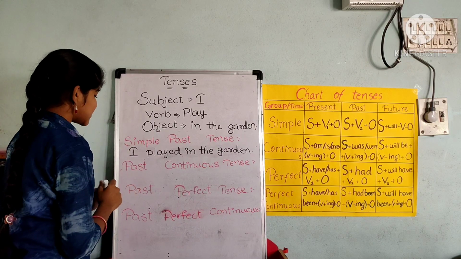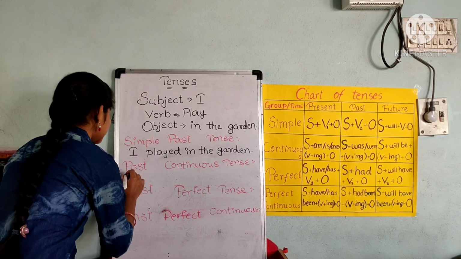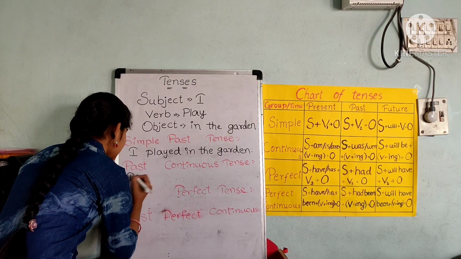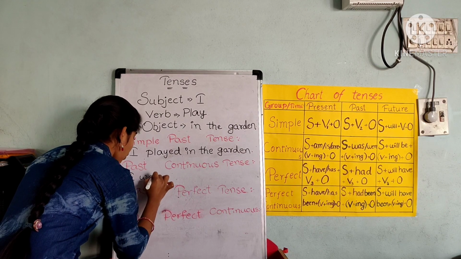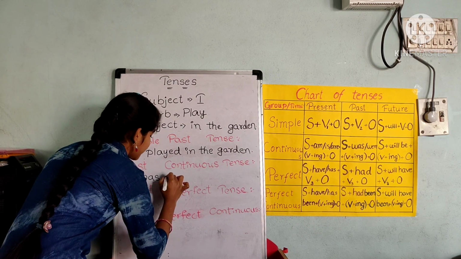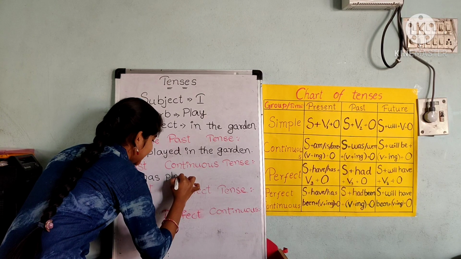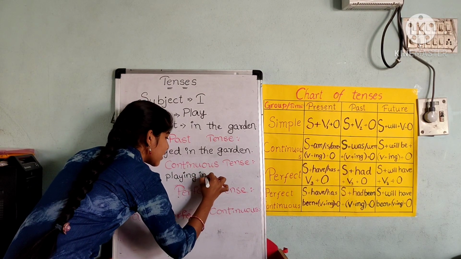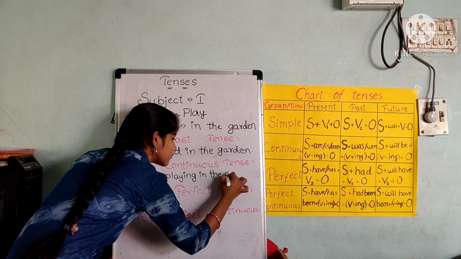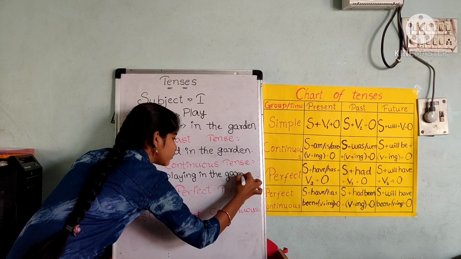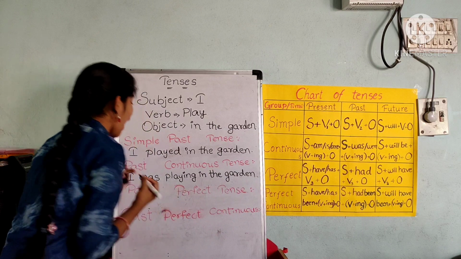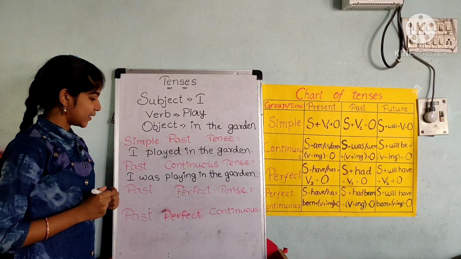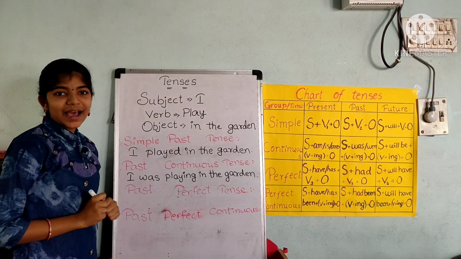Let's write the sentence. Subject is I, so we should use was, and verb plus ing form is playing. Object is in the garden. I was playing in the garden is an example for past continuous tense.